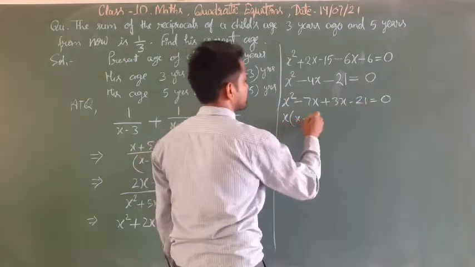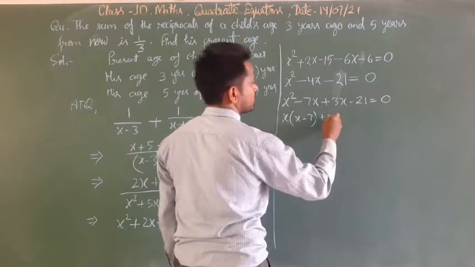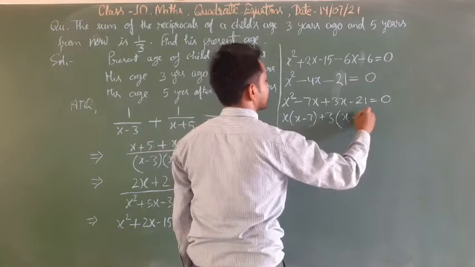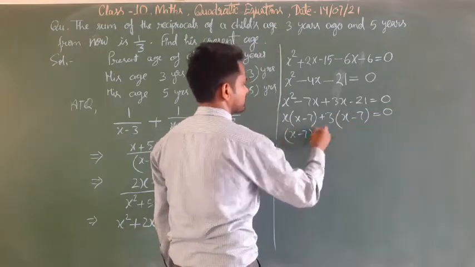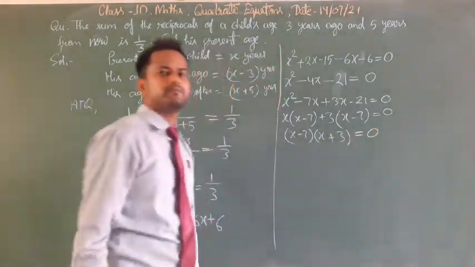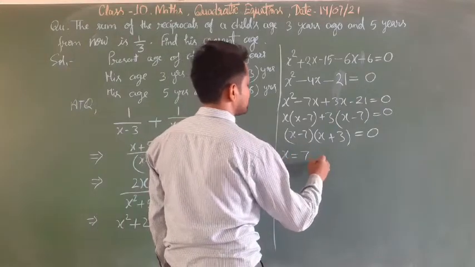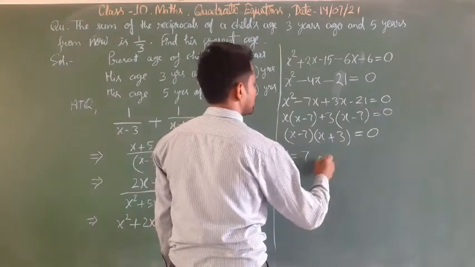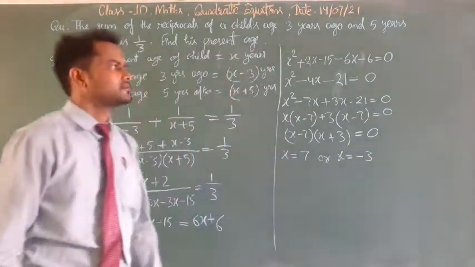So x minus 7, 3 is common, so take out x plus 3 as common, we get x minus 7 into x plus 3 is equal to 0. So x is equal to 7 or x is equal to minus 3.